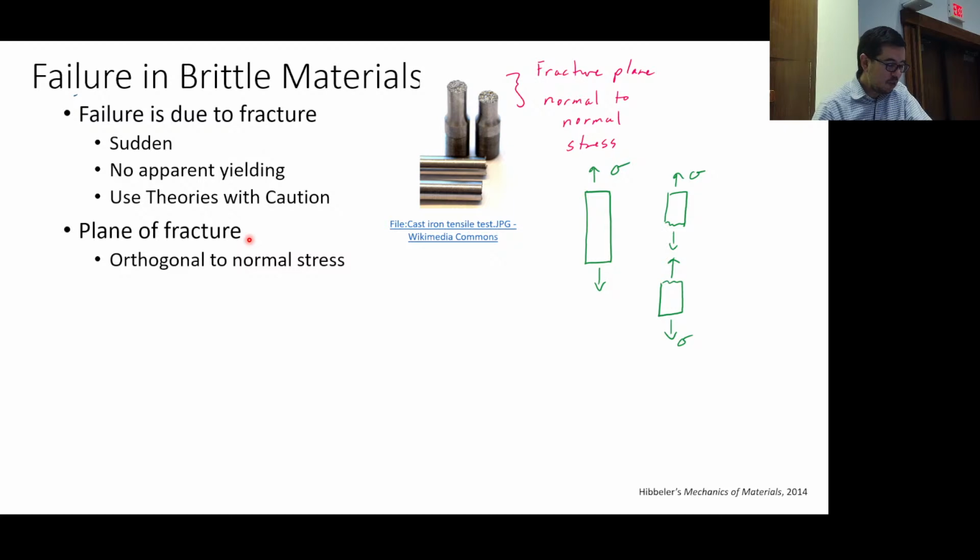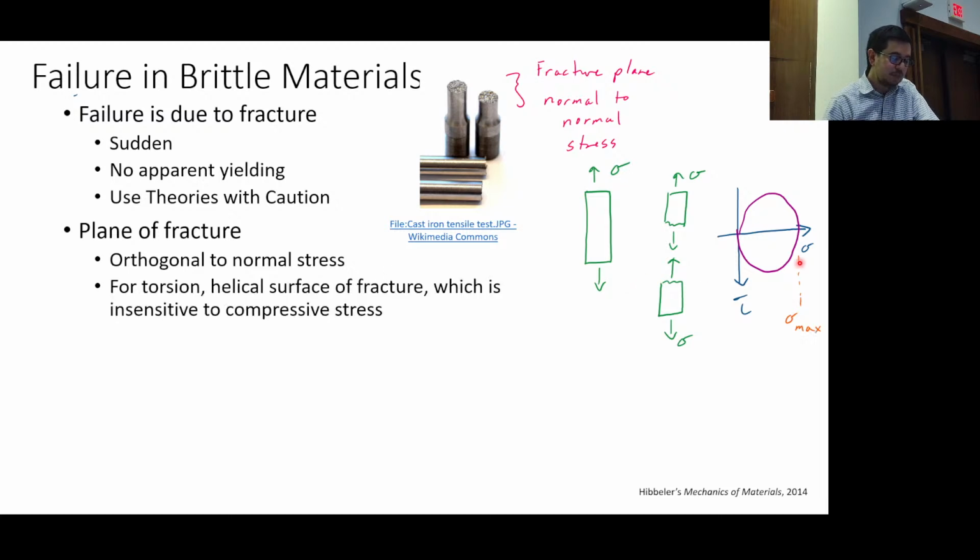Here, right, the fracture surface that you expect is going to end up yielding something like this when we apply some type of normal stress. And here, once again, is the Mohr circle, and we get to the sigma max. For torsion, we have a helical surface of fracture, which is insensitive to compressive stress. What are we talking about?